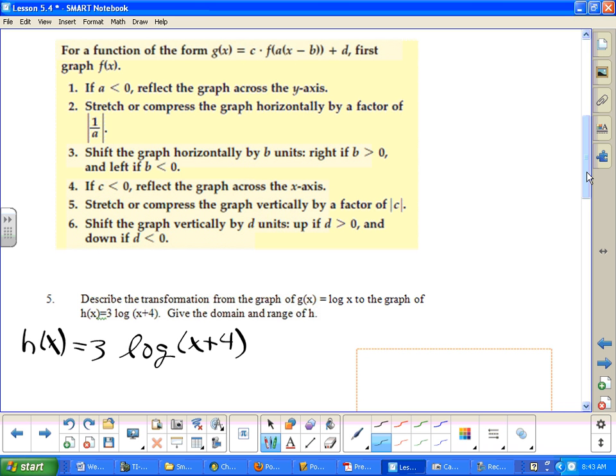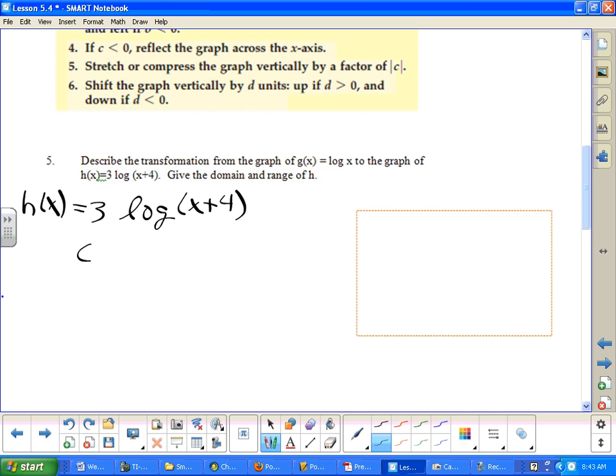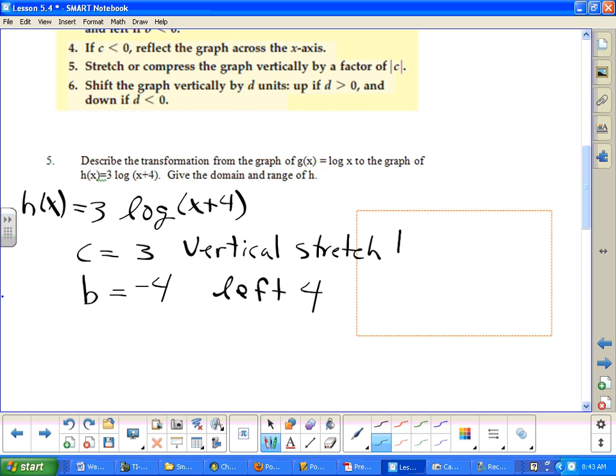C and B. So in this case, c is equal to 3 and b is equal to negative 4. Remember, inside the parentheses with x is always the opposite. So b tells me it's going to move to the left 4, and then we have a vertical stretch by a factor of 3.